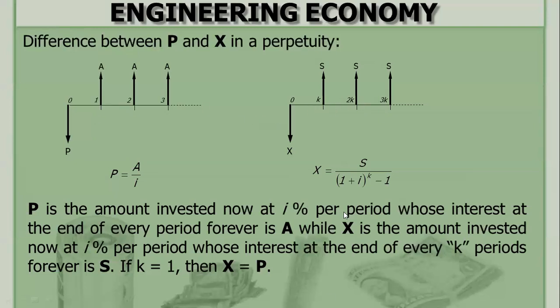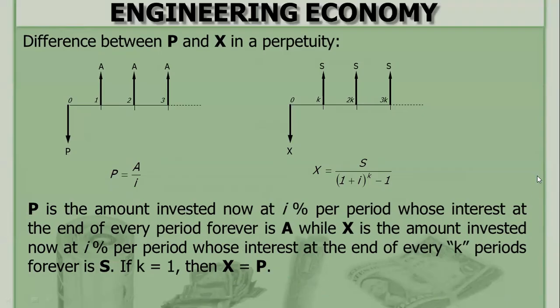To check, if K is equal to 1, if every period, then X is equal to P. If K is equal to 1, the denominator becomes 1 plus I minus 1, so it cancels to I, giving S over I, the same as A over I.